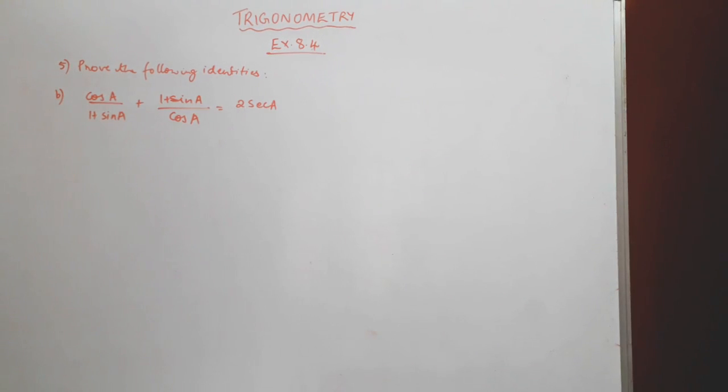Our next problem says cos A upon (1 plus sin A) plus (1 plus sin A) upon cos A equal to 2 sec A. We need to prove left hand side equal to right hand side.